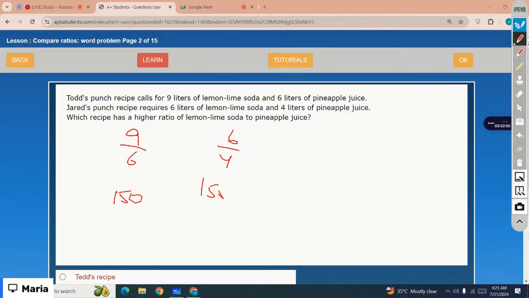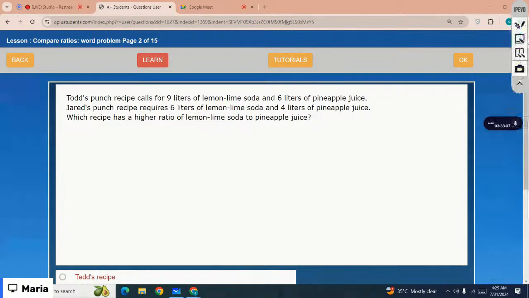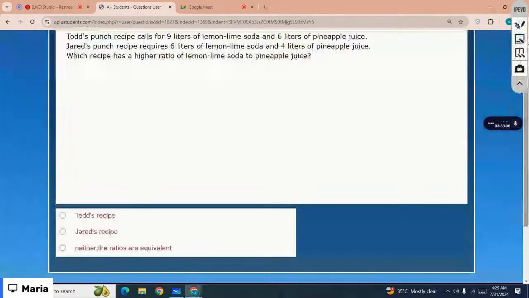So that means they both are exactly equivalent. The correct answer is they are exactly equivalent. Got it? Because both the percentages are exactly equal.